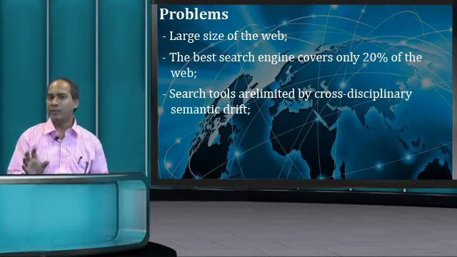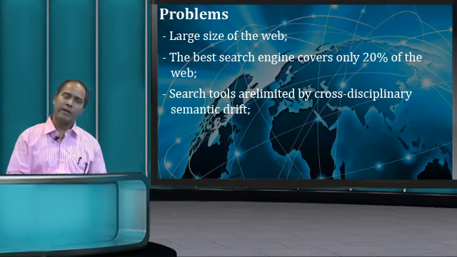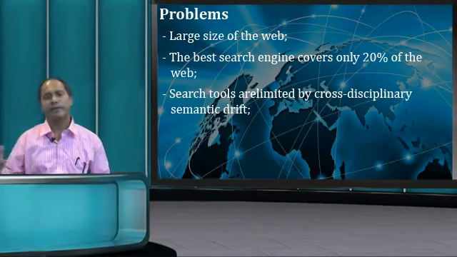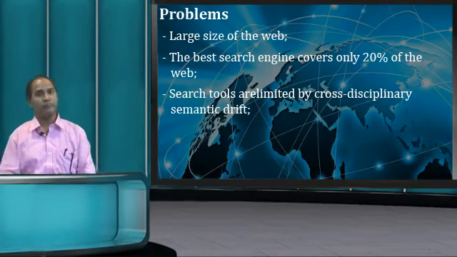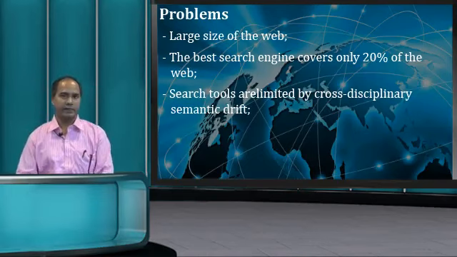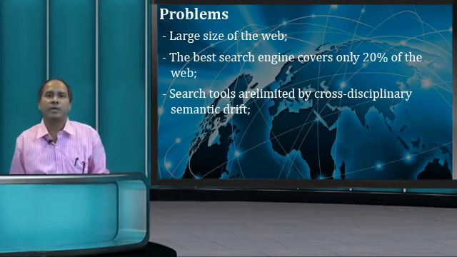This is called cross-disciplinary semantic drift. You are searching a particular word in a particular context, and the search engine is giving you results in a different context, as they are based on word indexing. So this is a big problem in retrieval from search engines.